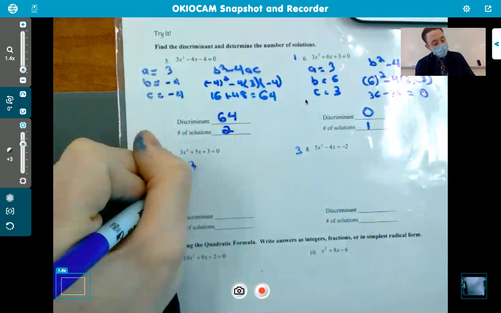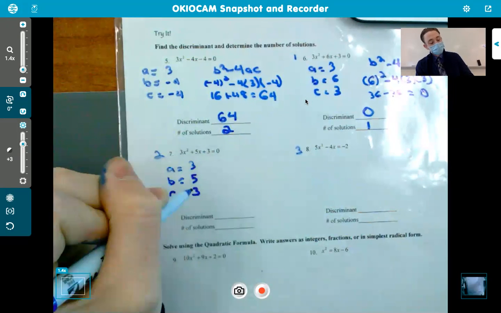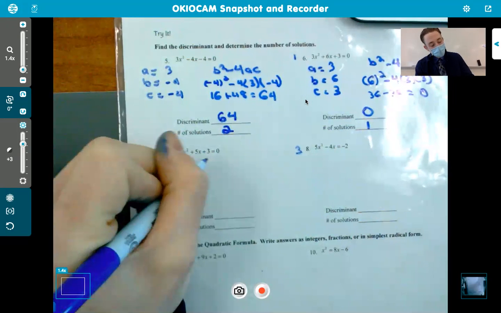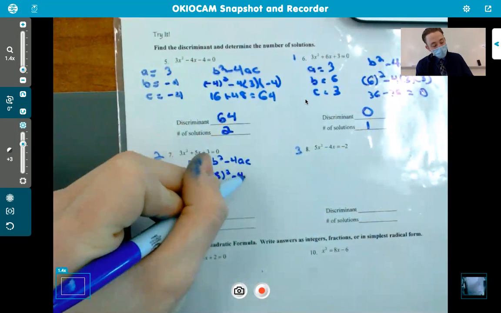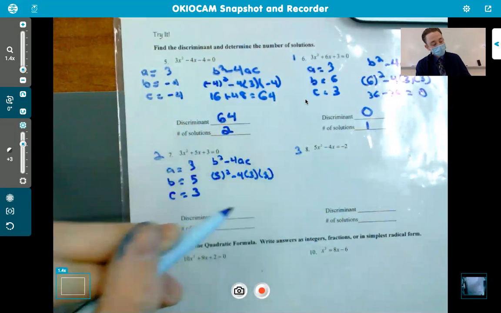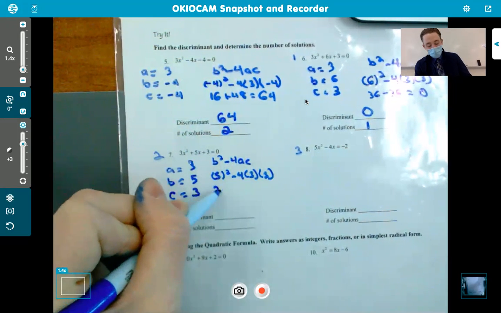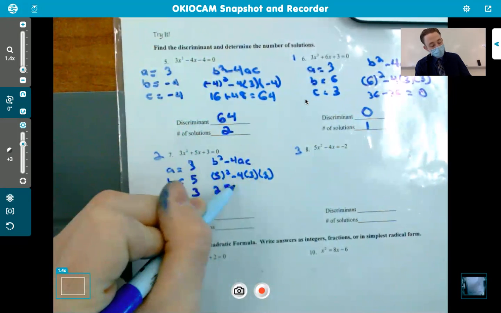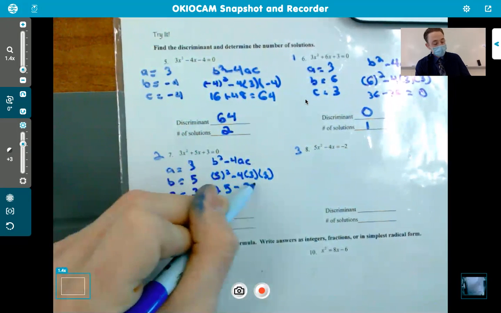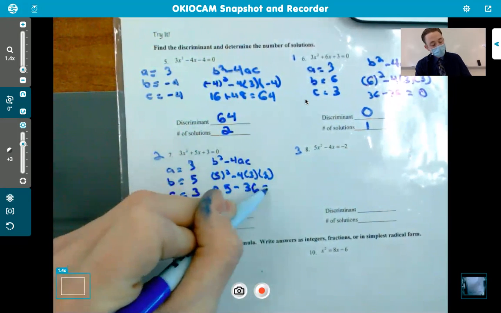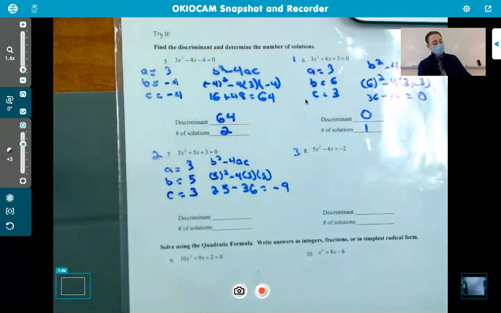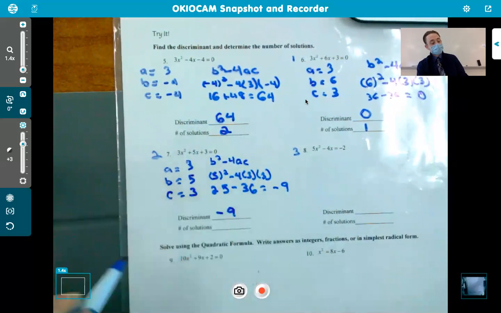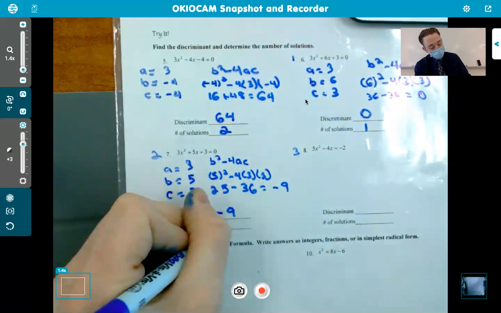So A is 3, B is 5, C is 3. B squared minus 4AC. You have 5 squared minus 4 times 3 times 3. 5 squared is 25. Negative 4 times 3 times 3 is negative 36. So my answer is negative 9 as my discriminant. And if my answer is negative, how many real solutions do I have? 0.